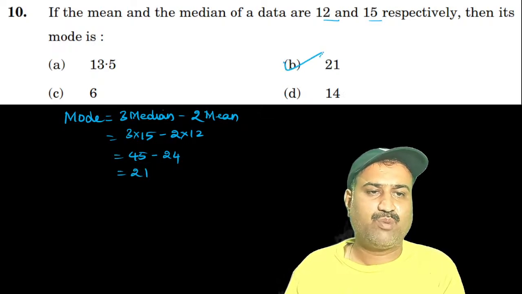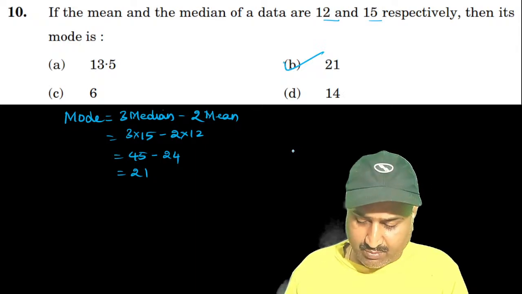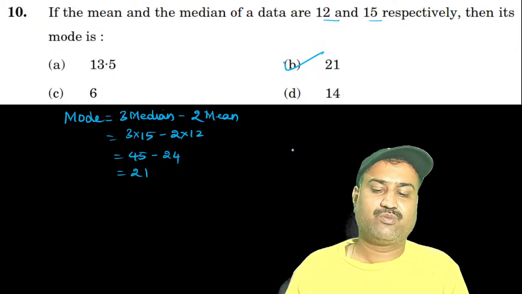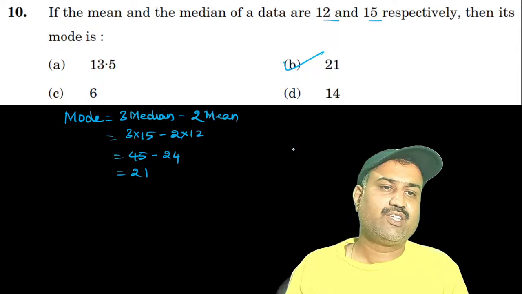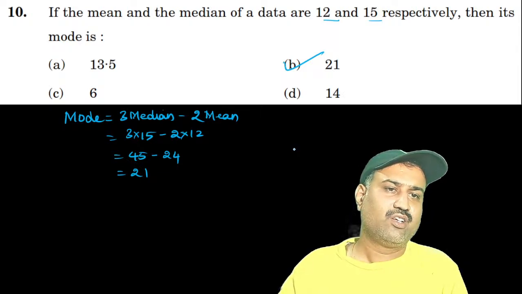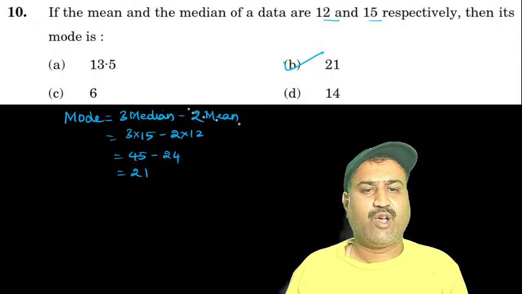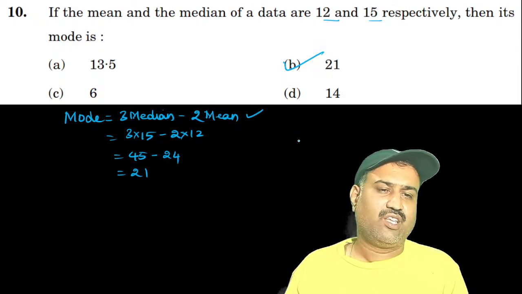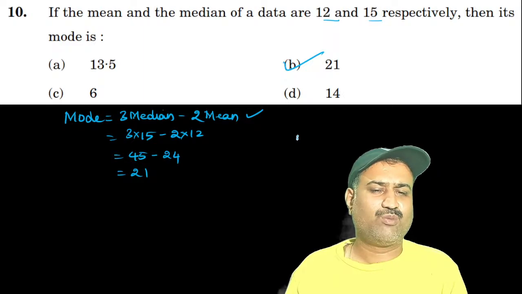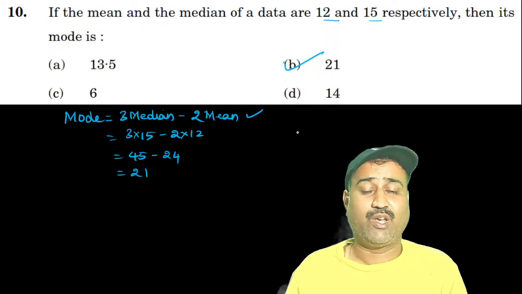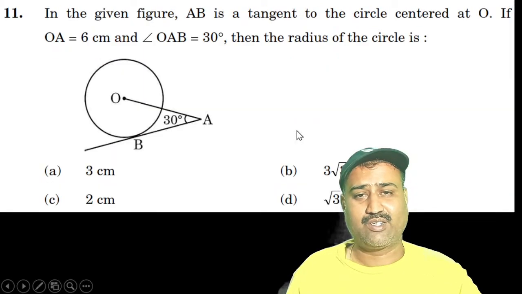Therefore it is option B. Again a very easy question. Hope it is very clear. Next question. We have to remember this formula. In the exam, usually the questions are asked from this formula, many times.